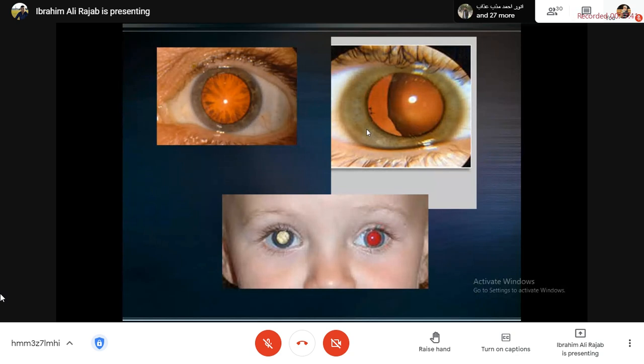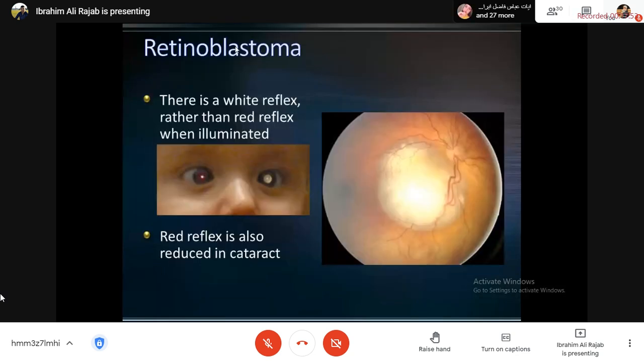Retinoblastoma means a malignant tumor originating from the retina. So retinoblastoma can present with leukocoria, I mean a white reflex rather than a red reflex.